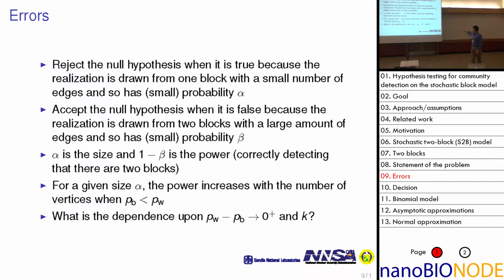Okay, but of course, the real trick, and what a lot of people have studied, is what's the effect when these two go to 0? So again, PW is less than PB. As they approach 0 from the positive side, what is the dependence upon that and K? Because a lot of the analysis in the literature considers the case where the two blocks are of equal size.